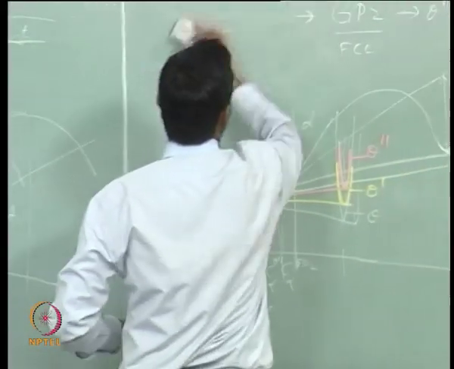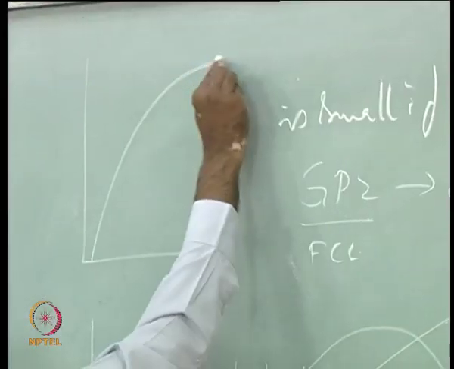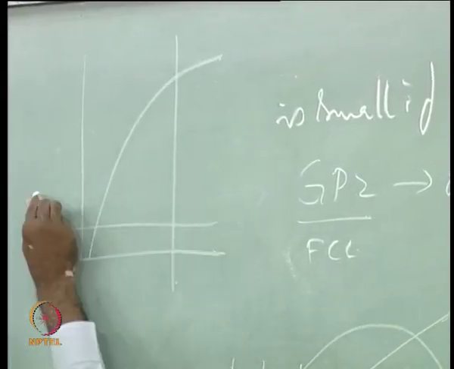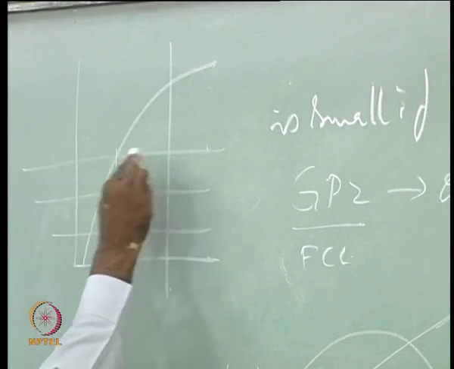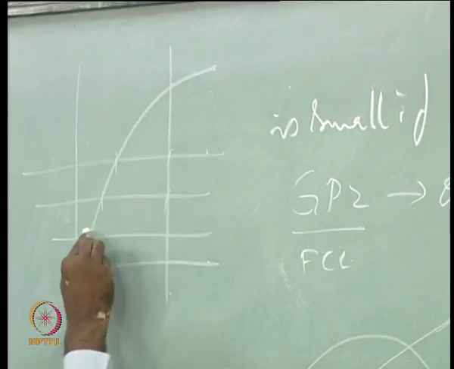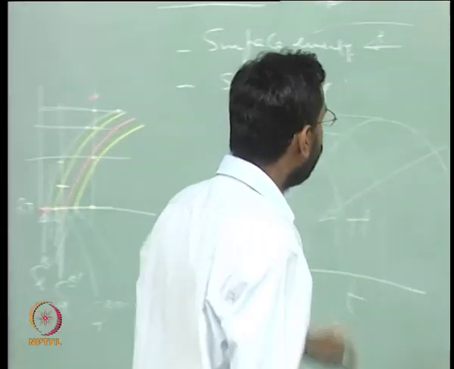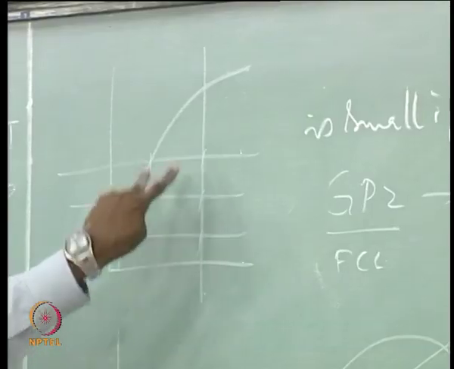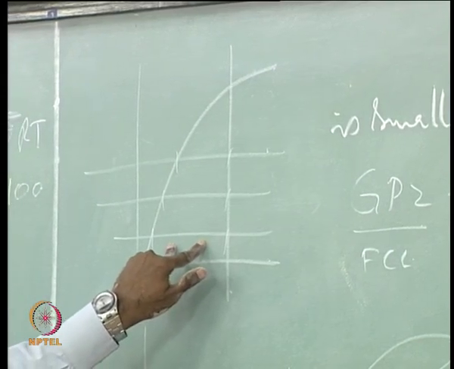As I keep on going to higher and higher temperatures, the extent of supersaturation is decreasing. Extent of supersaturation is decreasing, and it is this which tells you, if you use the lever rule, what is the amount of precipitate that is forming.